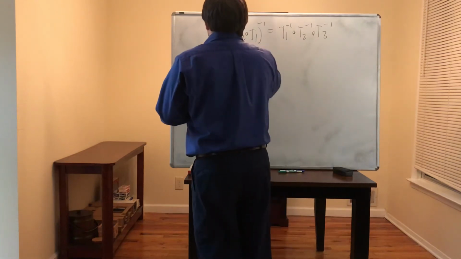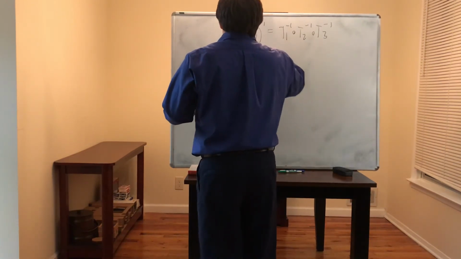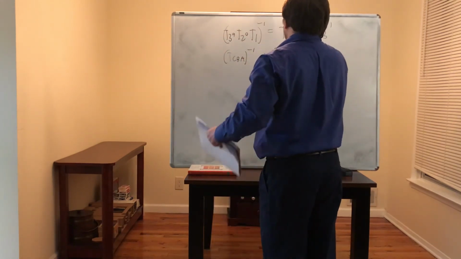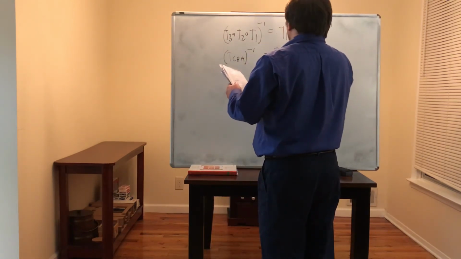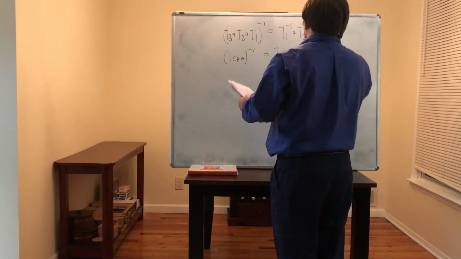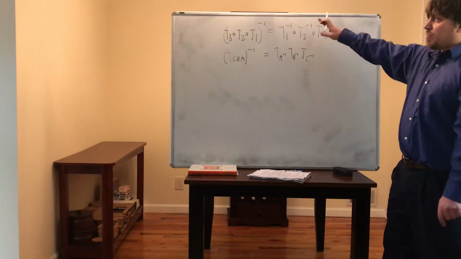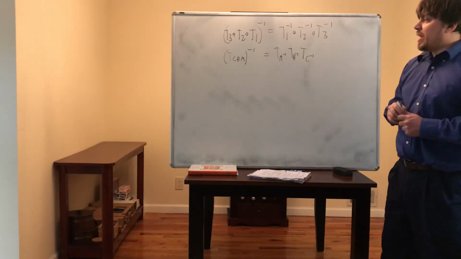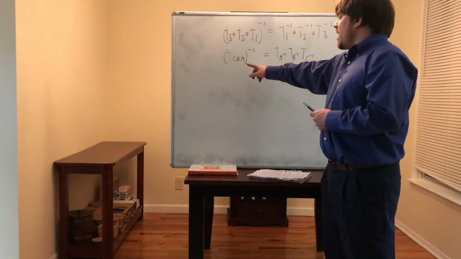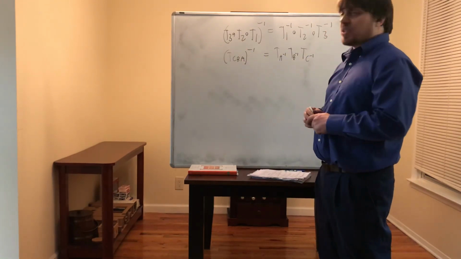Okay, and also T sub CBA inverse is equal to T sub A inverse times T sub B inverse times T sub C inverse. And that follows directly from the previous equation. Okay, so T sub CBA is the transformation of left multiplication by the matrix CBA.